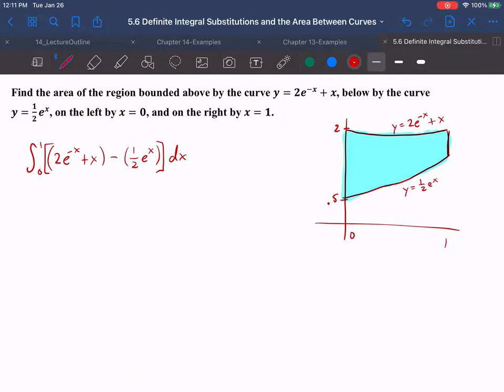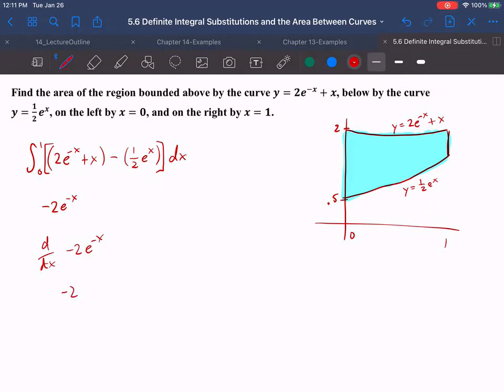If I go to integrate 2e to the negative x, what is that going to become? Negative 2e to the negative x, because if we did the derivative d dx of negative 2e to the negative x, the negative 2 just stays.